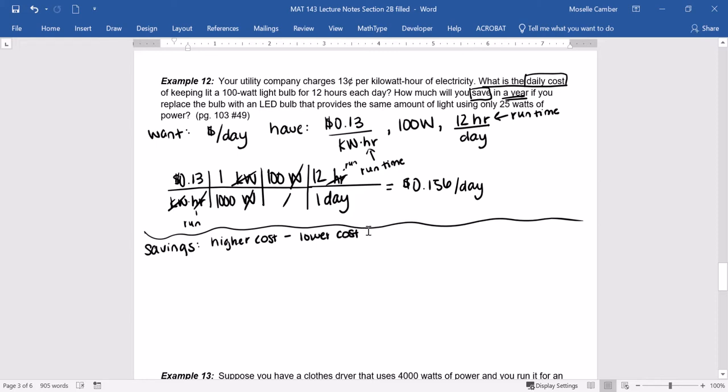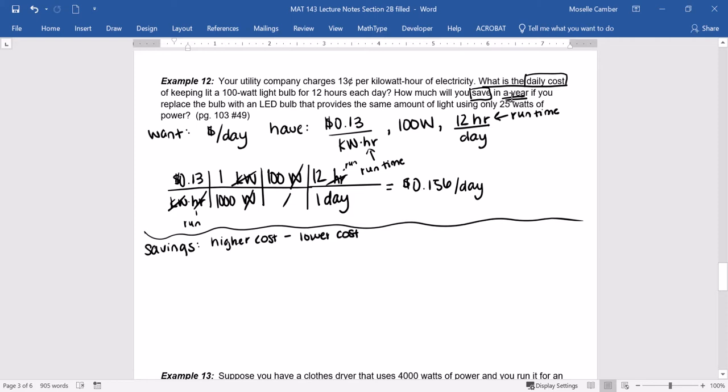Well, we need to know exactly how much time we have. In that case, we want to save in a year. So what we're going to do is, if we can find the cost for each per year, then we can subtract them to get the savings per year.